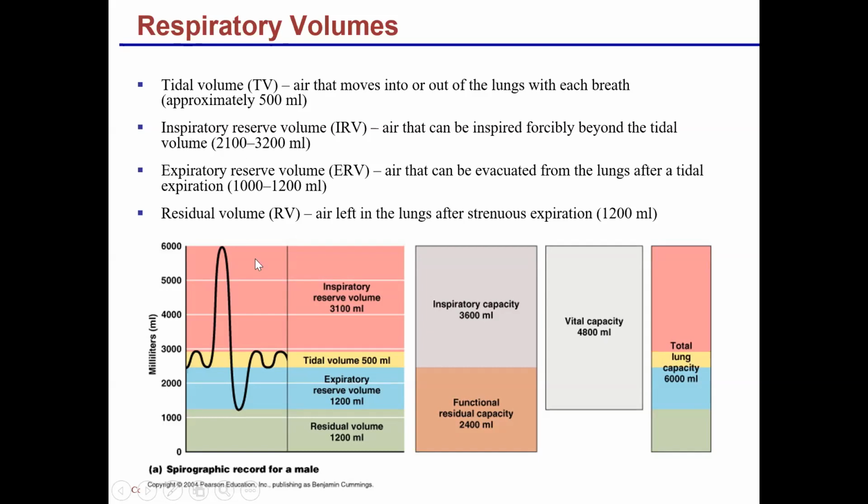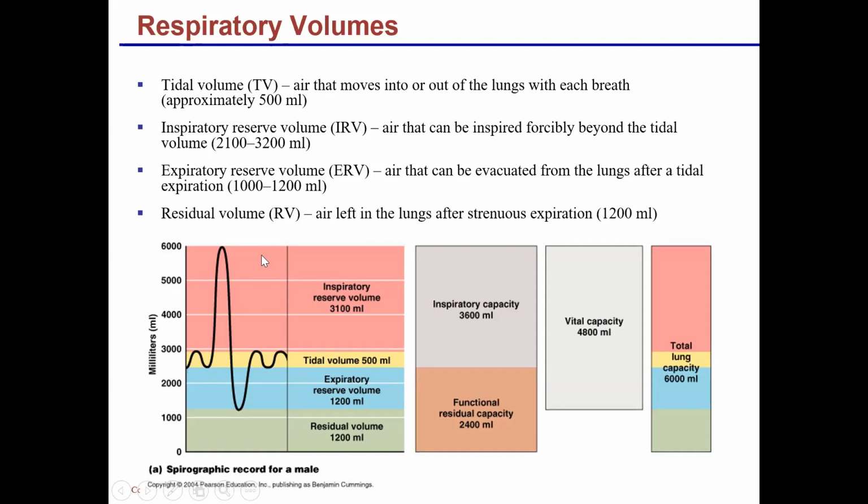Then this pink part right here is called inspiratory reserve volume. That is the volume on top of the tidal volume. If you force yourself, you can inhale more air. In this case, more muscles are involved, such as the scalene muscles, pec minor, serratus anterior, and also sternocleidomastoid.